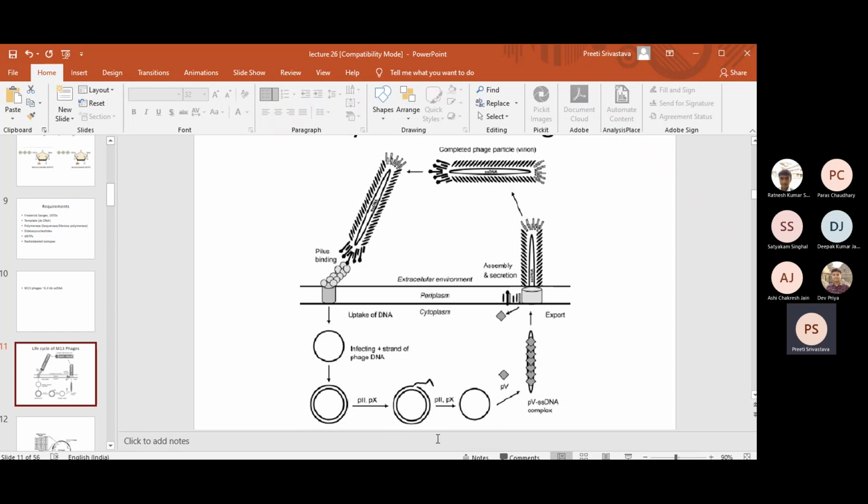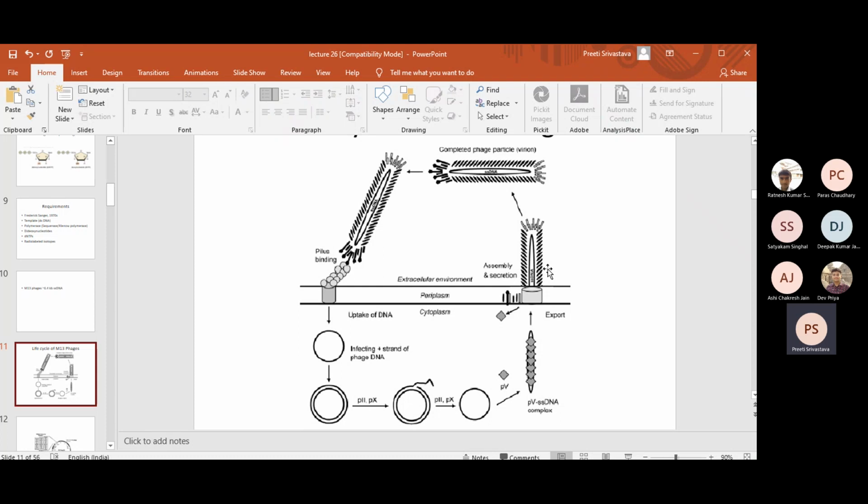This double-stranded DNA, again because of rolling circle replication, gets replicated, and single-stranded DNA is again packaged in the periplasmic space. So in case of M13, the assembly takes place in the periplasmic space, and you have virions created which contain single-stranded DNA.